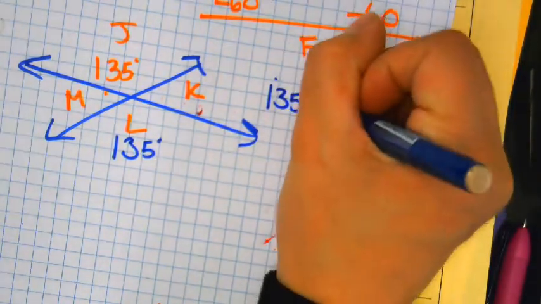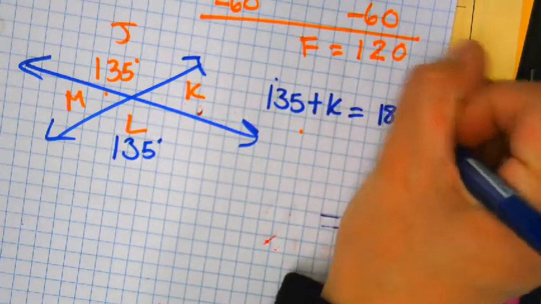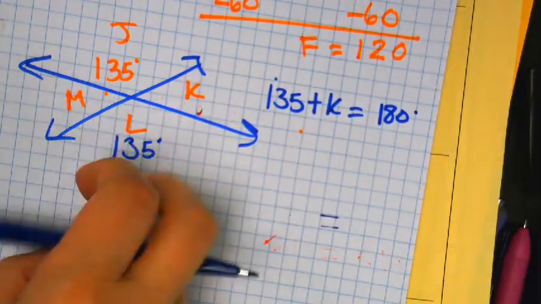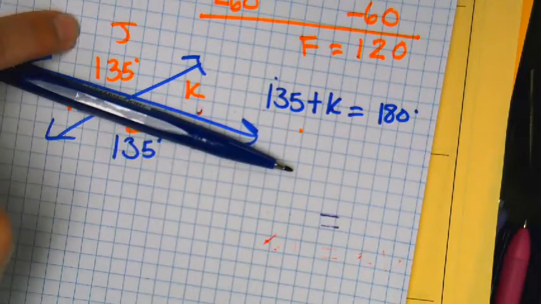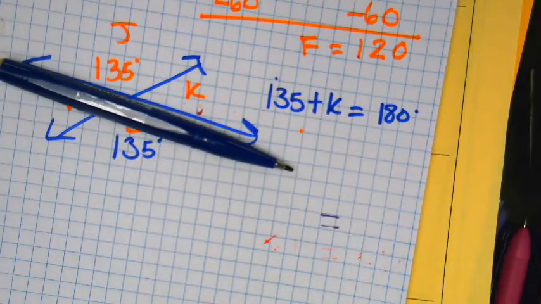135 plus K is equal to 180. So this line right there, this plus this is equal to 180.